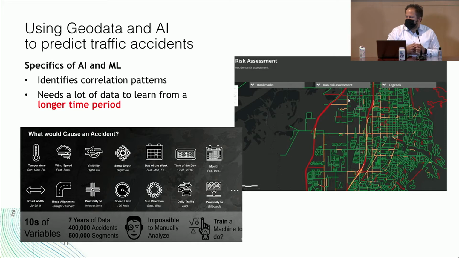They used more than 7 years of data, about 400,000 accidents, and 500,000 road segments, including more than 20 parameters. It's an endeavor that couldn't be possible without the machine approach.